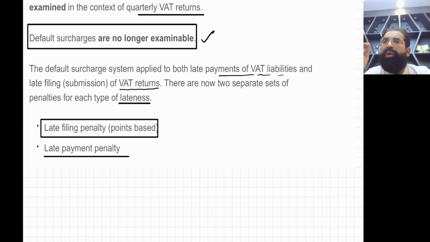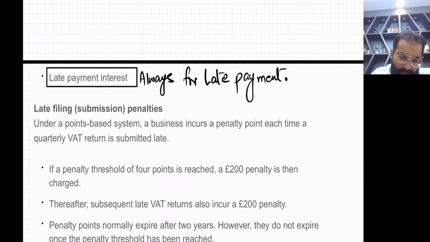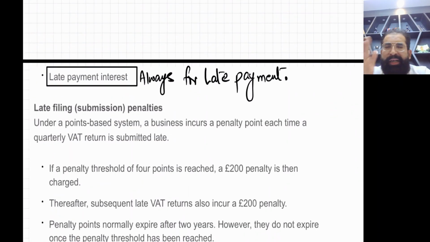And if you pay your VAT late, then the penalties are different. Okay, so it's separated now. And one more thing, late payment interest. They also charge late payment interest, which is 6.5% per annum. It's a separate thing, I'll explain you, don't worry, and you will have a very good grip, right?